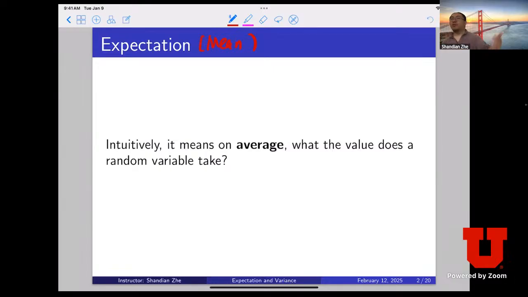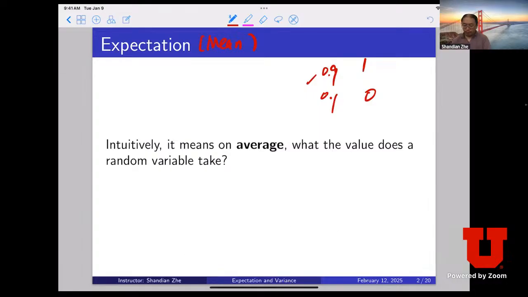Say the random variable has a 0.9 chance to take value 1, and a 0.1 chance to take value 0. On average, it takes some value in between 0 and 1, but of course this will be more biased toward 1, because it has a much larger chance to take the value 1. So expectation is just a way to reflect the average behavior of a random variable in taking its values.